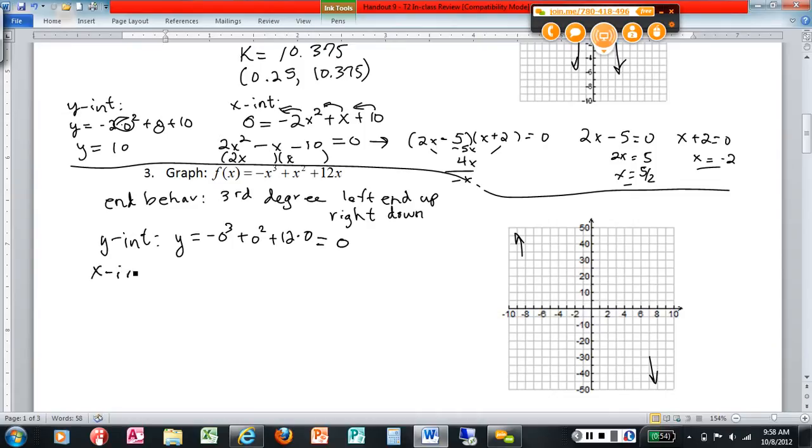The x-intercepts, well, those are helpful here. For the x-intercepts, we set f of x to be 0. And again, with that negative being the first term, I would move all these terms over. So let's add the x cubed, subtract the x squared, and subtract 12x. And then factor, which we've got a common factor of x in there, so let's factor it out.